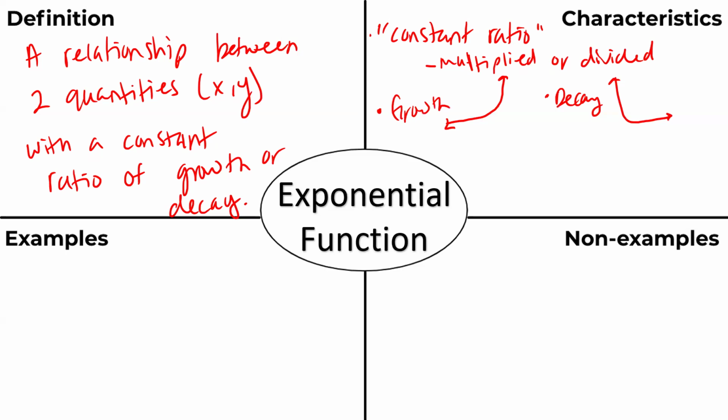Okay, another big characteristic of exponential, I can never say this word correctly, so don't judge me, asymptotic. I think I said it right. Asymptotic. Okay, that means that it has a limit.